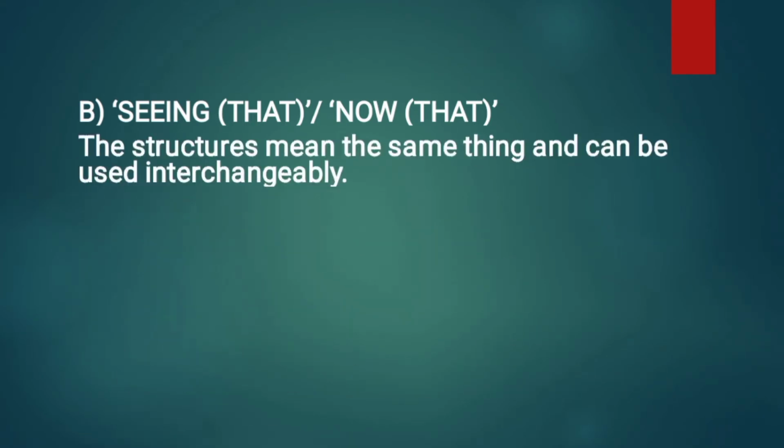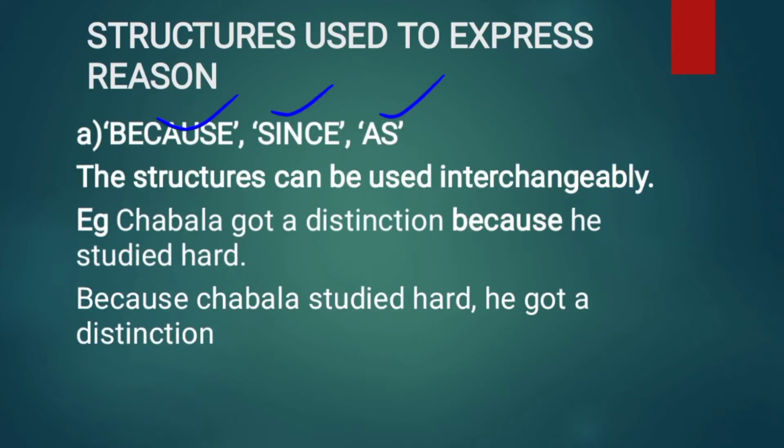Seeing that and now that. These words can also be used interchangeably. For this, because, since, as, here you can also say Chavala got the distinction since he studied hard, or Chavala got the distinction as he studied hard.